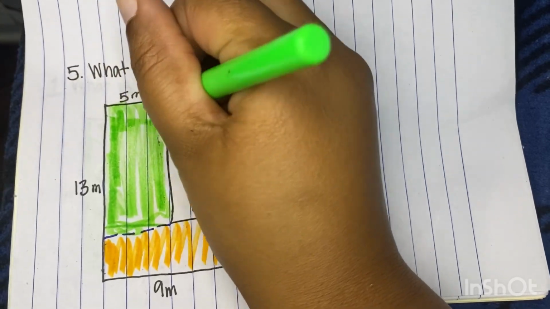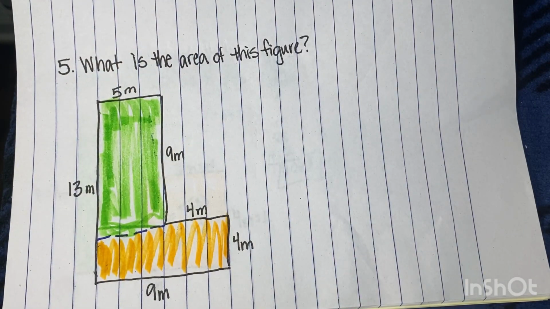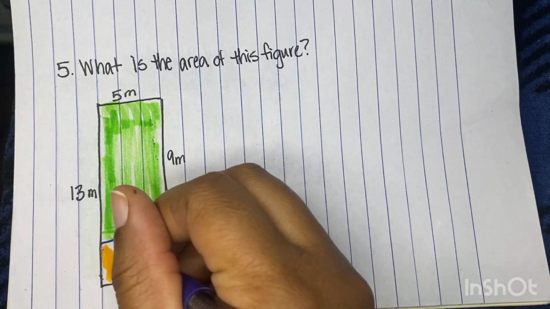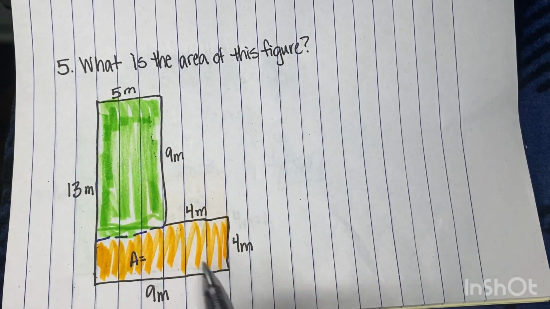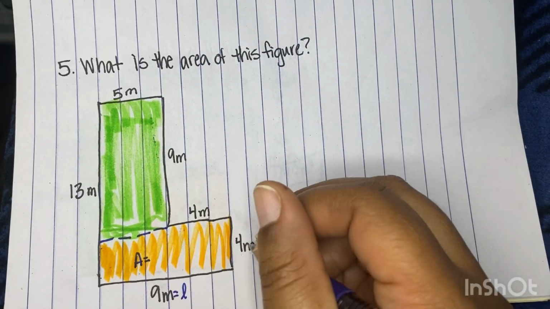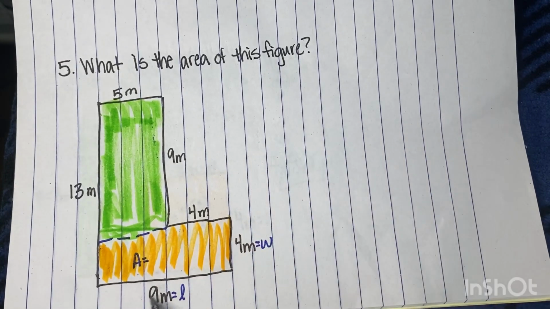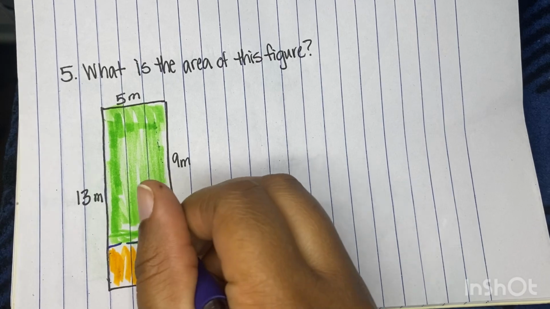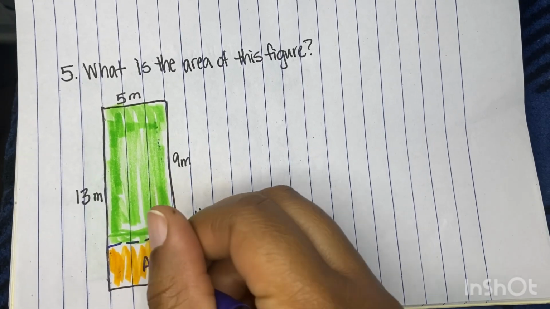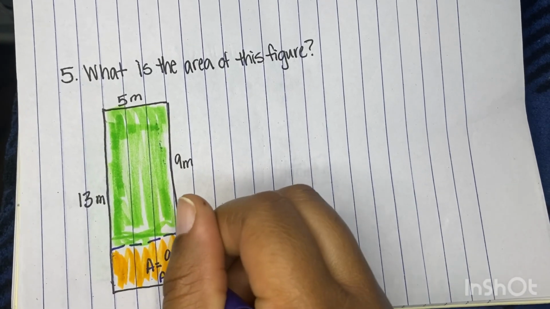So we're going to do our area for this rectangle. This is going to be our length and this is going to be our width. So we're going to do 9 times 4, and we're going to get area equals 36.